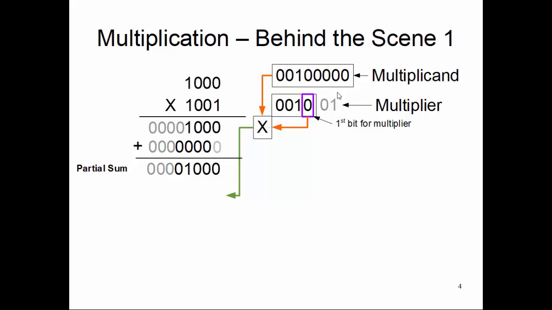If you notice what we are doing with the multiplier, instead of looking into each bit at a different position, like okay, LSB first and then bit 2, then bit 3, then bit 4, we are fixing our eye on the LSB position only. We are picking up bits from the LSB position.